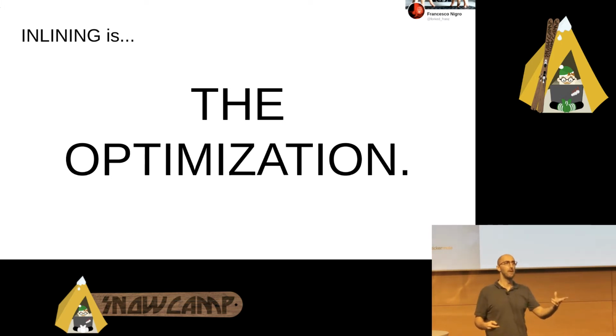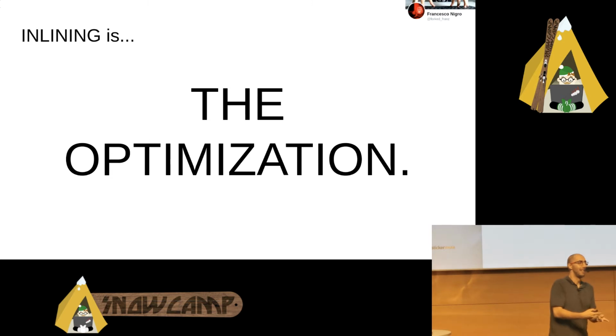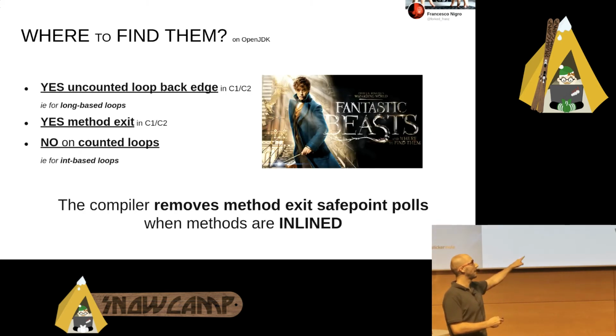Because if you think about the getter of a POJO, it is supposed to do something very small. If you make the people that use it pay the method call, and you can stop each time you request a property from your method, you are losing a lot of chances to optimize that code. So that's inlining. Inlining means that the method exit disappears.